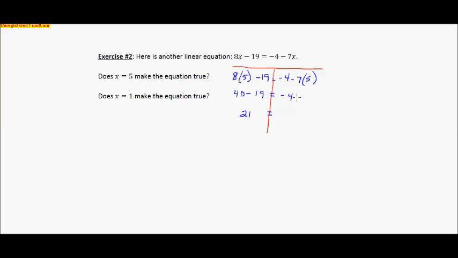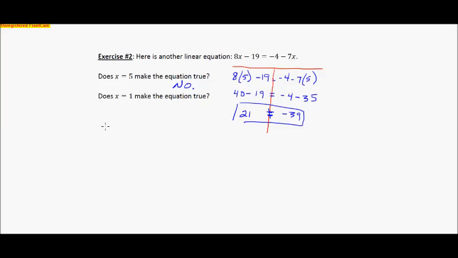And negative times a positive is a negative 35. And negative 4 minus 35 is going to give me a negative 39. So I'm going to draw a line through my equal sign and say, no, they are not equal. So no, this does not make this true.